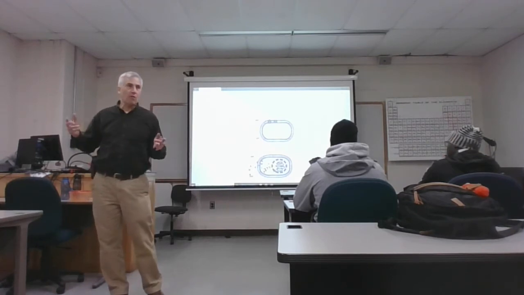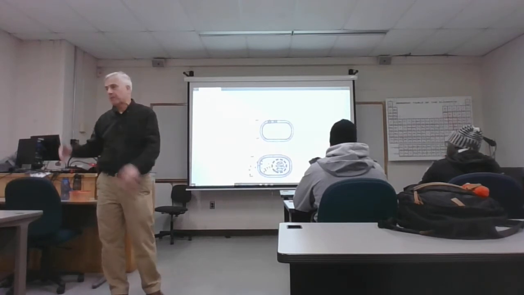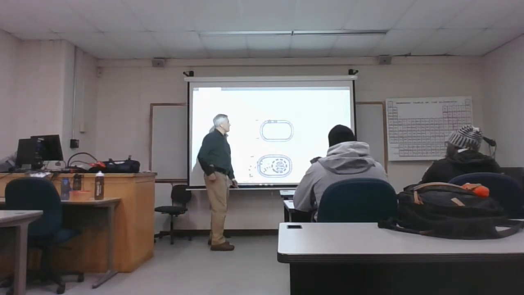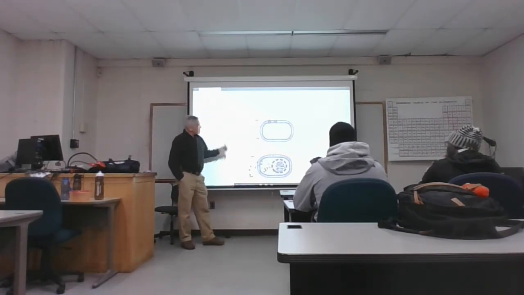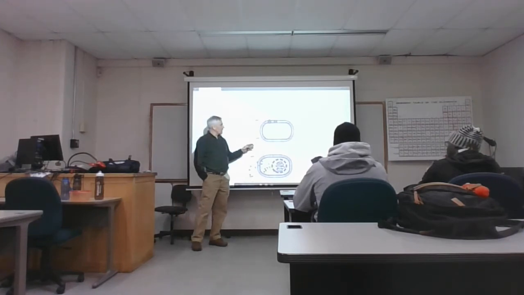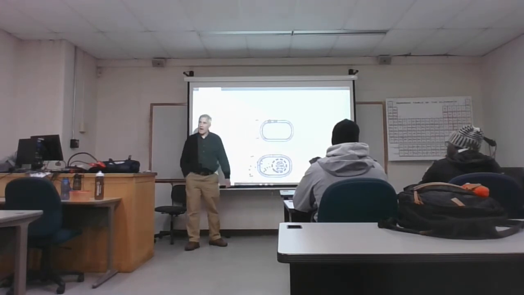And it has a cyclical form, they call it cyclic AMP. Now, in this case, we're going to call cyclic AMP the secondary messenger. Okay? And there are a lot of these water-soluble hormones. And the secondary messenger is always cyclic AMP.